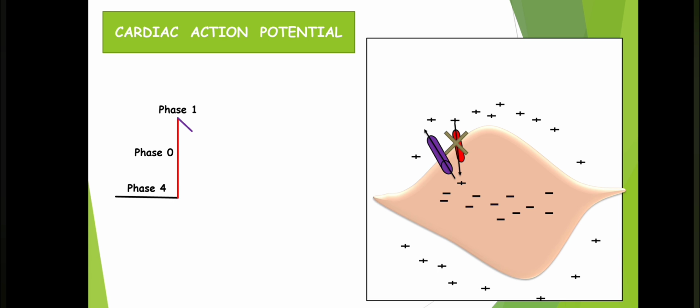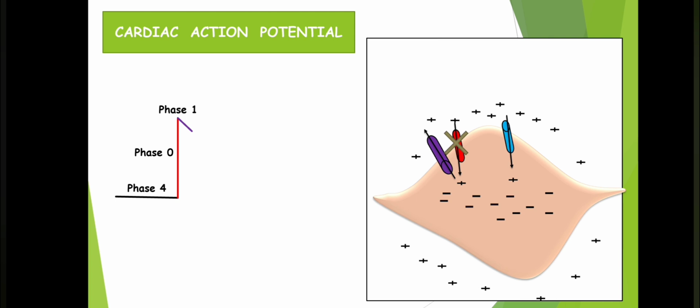Just after the potassium channel has opened, immediately after the opening of the potassium channel, calcium channels also open up, and via these calcium channels, influx of calcium ion will be taking place. So for a short interval of time, both potassium and calcium channels are open, but via potassium channels, outflux of potassium ion will be taking place, and via calcium channels, influx of calcium ion will be taking place.